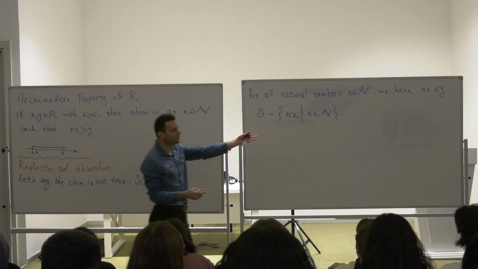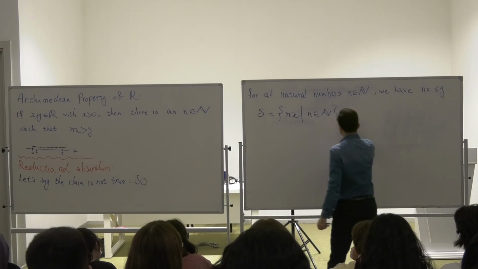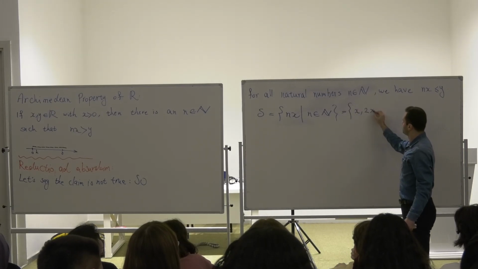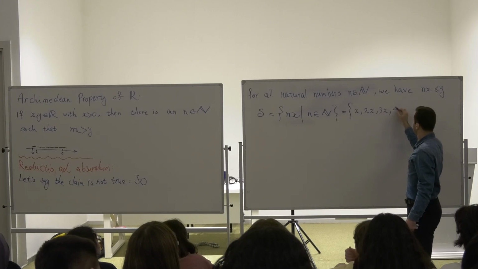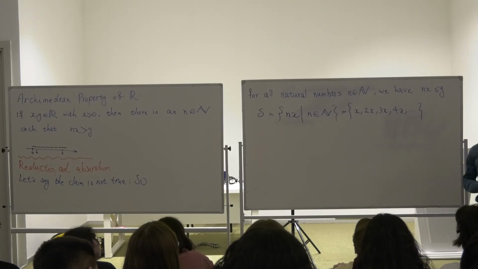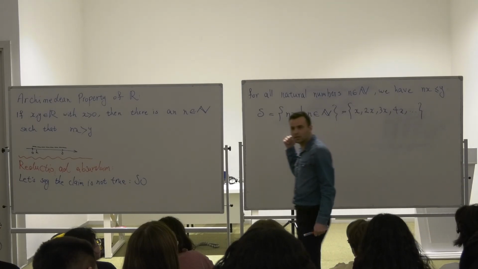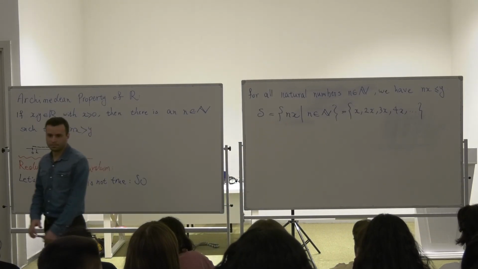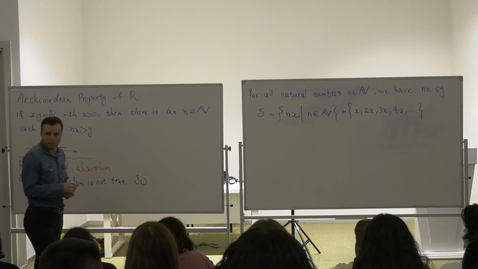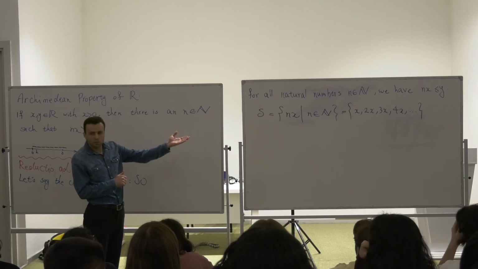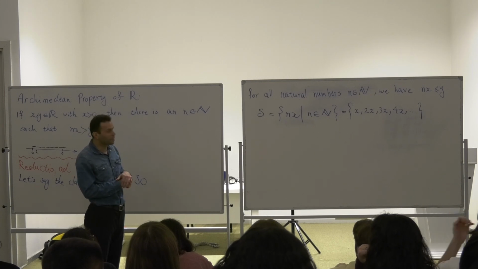Or if you want to write the elements of the set, what are those? x, 2x, 3x, 4x, and the rest. Okay? Is it clear? Now, is this an empty set or not? It is a non-empty set, right? For instance, what are its elements? The positive x, 2 times x, 3 times x, and so on and so on and so on.